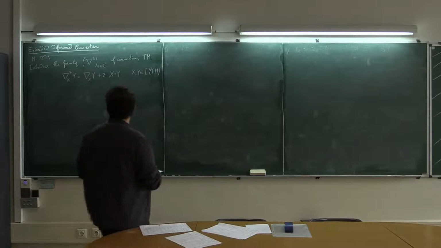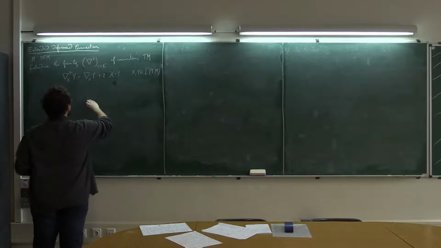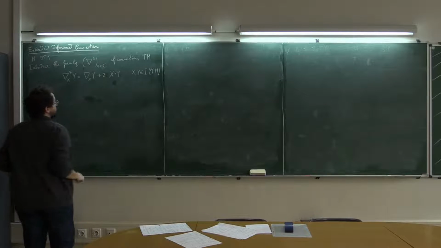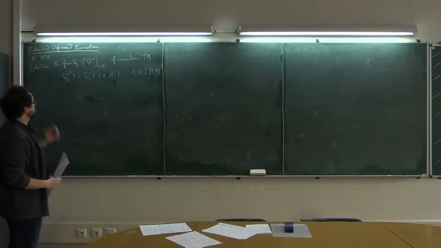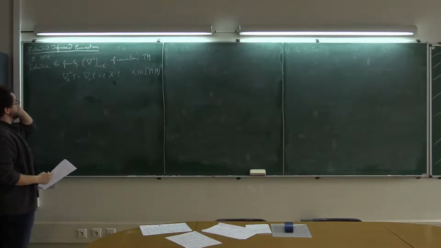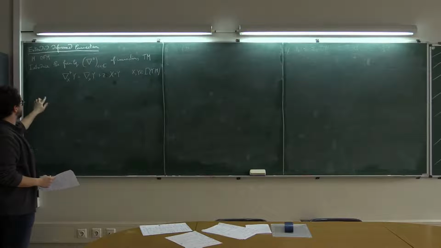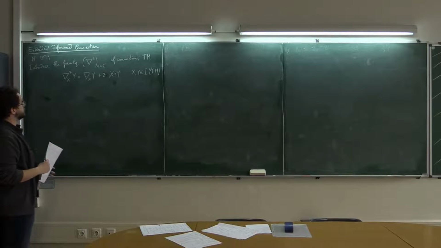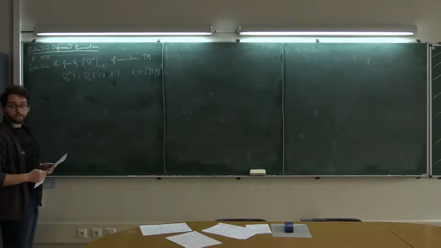Okay, so welcome back. What we did right now was to introduce a family of connections, nabla z, and we proved that each element of this family is flat.